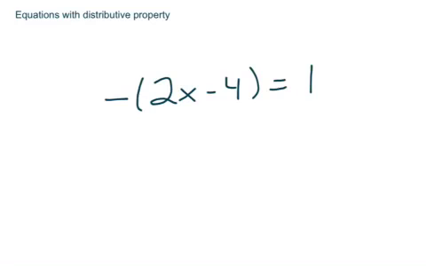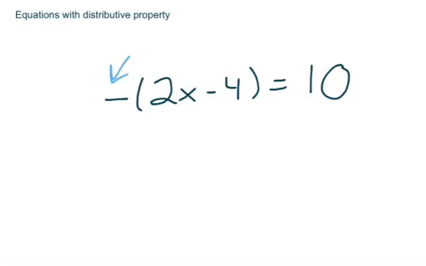One of the final things I wanted to point out when you are using the distributive property is that sometimes we'll see something like this. So negative quantity 2x minus 4 is equal to 10. And we've got this negative hanging out here in front of the parentheses.